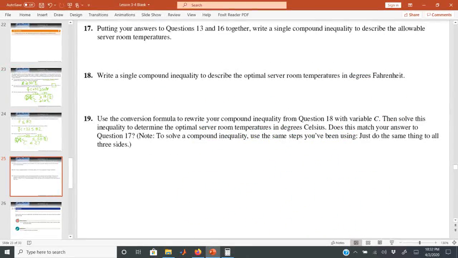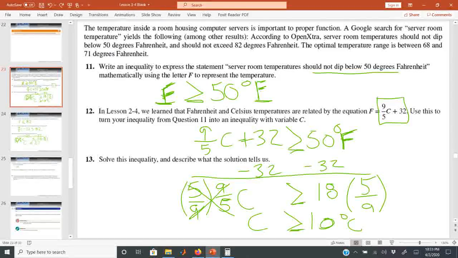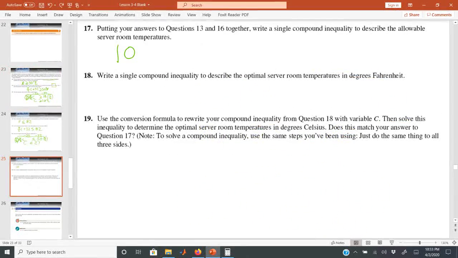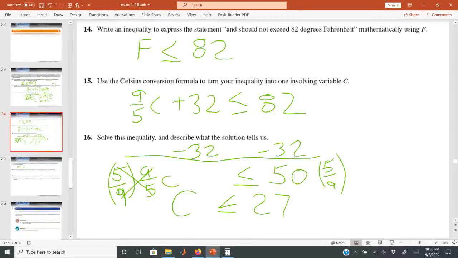I'm going to rewrite that. I'm going to say 10 degrees Celsius. And just for clarity, I'm going to get rid of the degree symbol. So C has to be greater than or equal to 10. 10 has to be less than or equal to C. And we just decided C has to be less than or equal to 27.